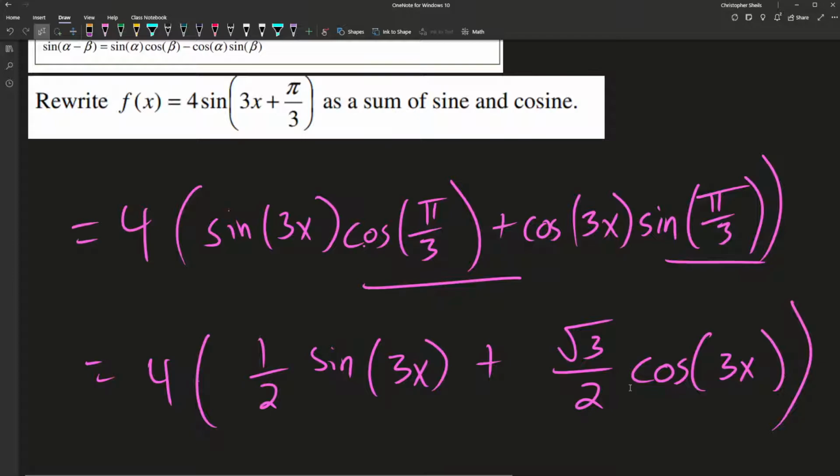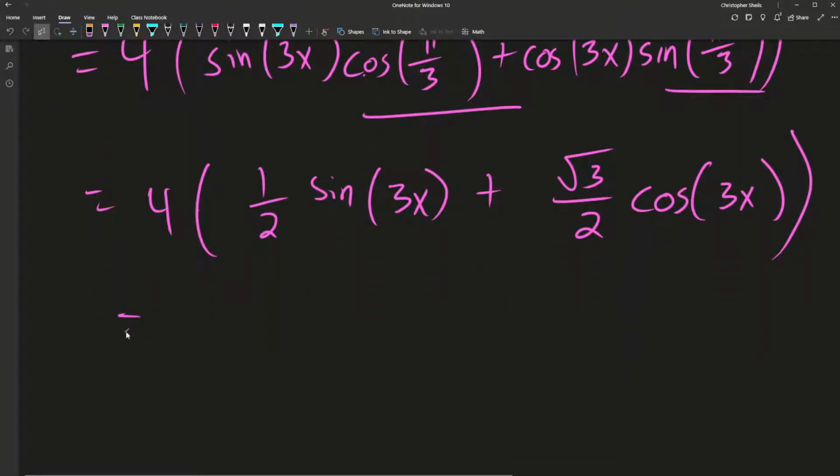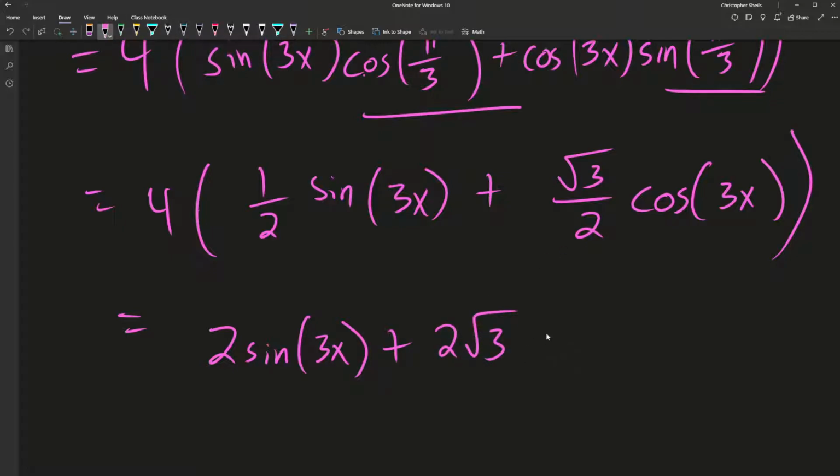And whenever I distribute this 4, this becomes 2 sine of 3x plus 2 root 3 cosine of 3x.